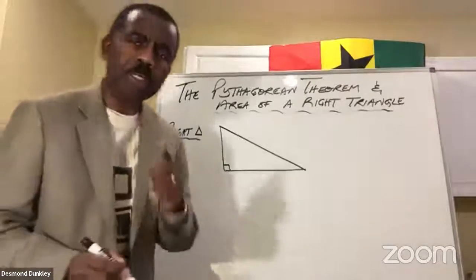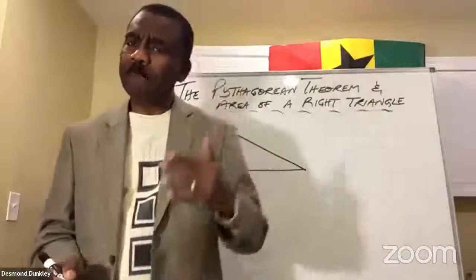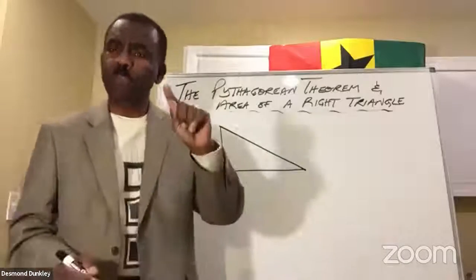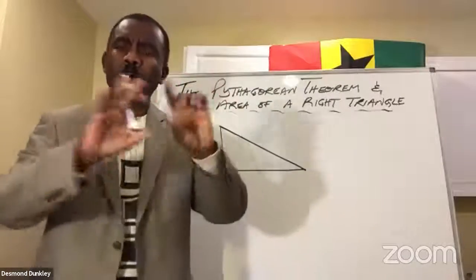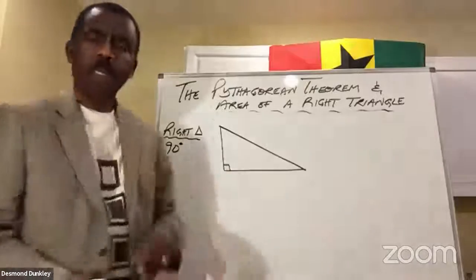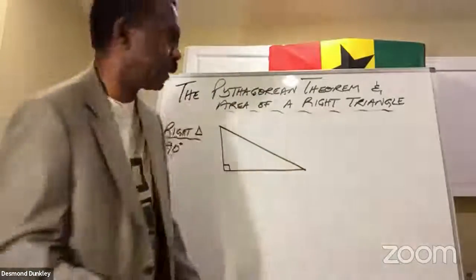Okay? So of course, if this is 90 degrees, somewhere along the line, you might have picked up that the three angles of a triangle always total 180 degrees. The internal angles, 1, 2, 3, always total 180 degrees.